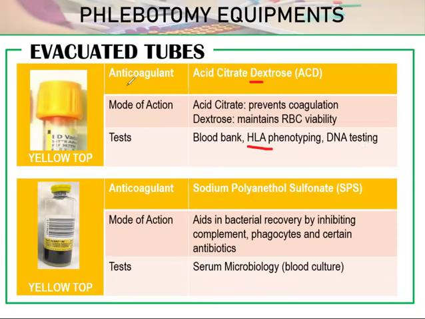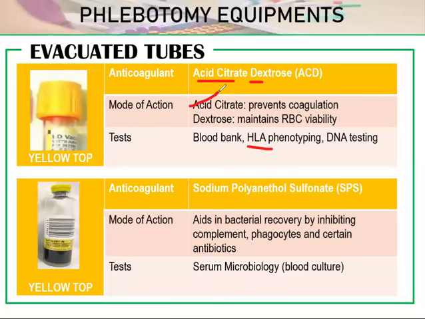Going back to the anticoagulant present. Actually, this is a combination of two anticoagulants, our acid citrate and our dextrose. The mode of action of acid citrate is to prevent coagulation. How does acid citrate prevent coagulation? By binding calcium. Take note, class, calcium is one of the main elements needed for the blood to undergo the clotting or coagulation process.